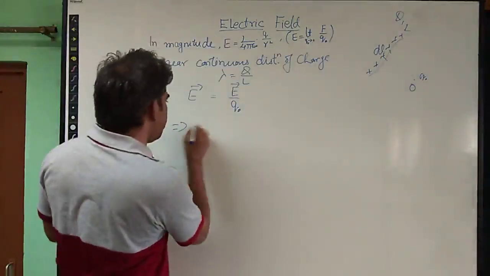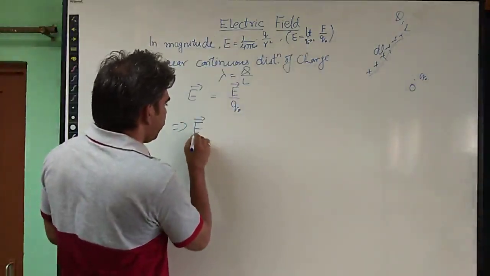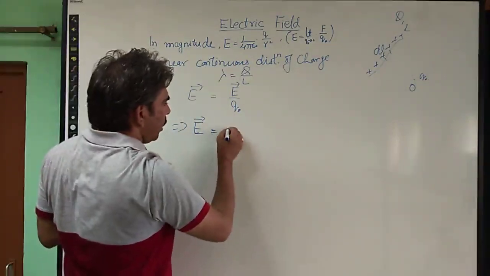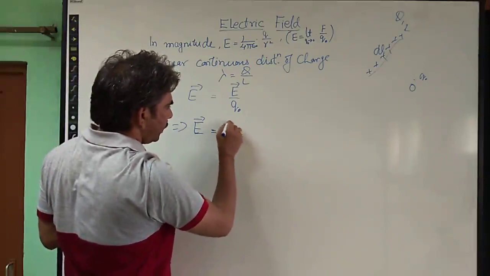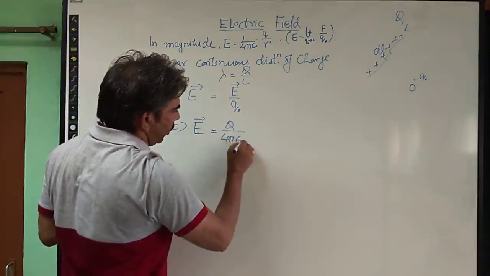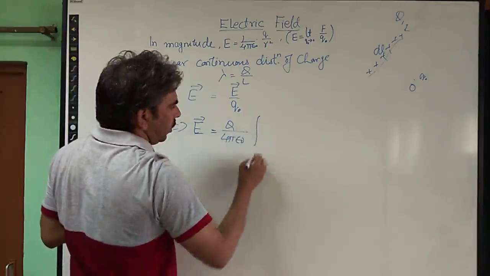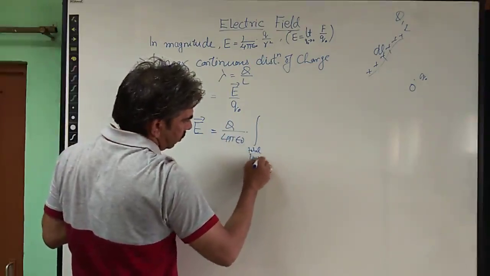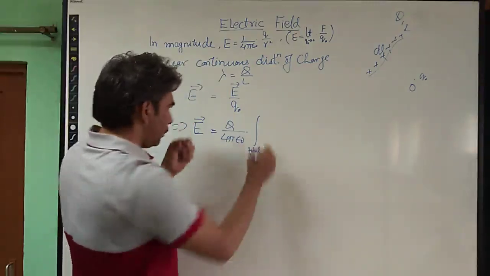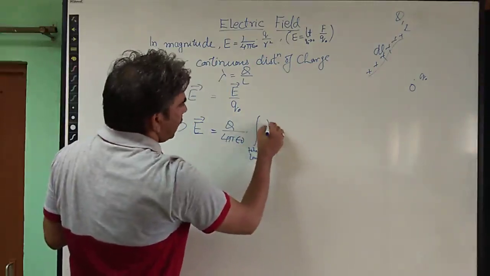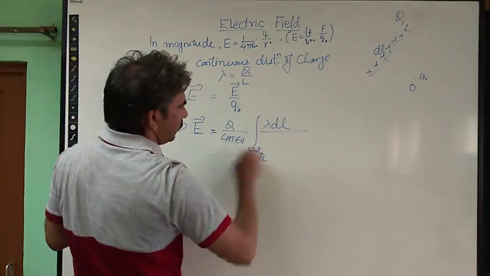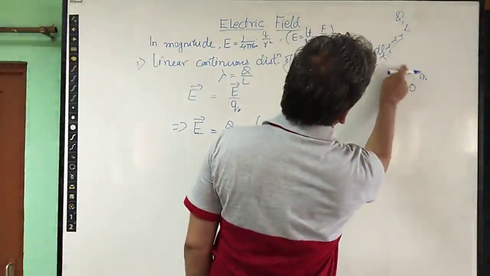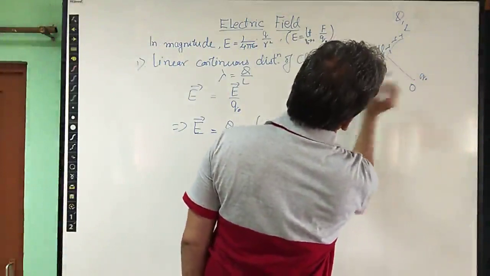So the expression can be written as electrostatic field E is equal to Q upon 4 pi epsilon naught into integration over the whole length of lambda dl upon, so what is the position of this length element?